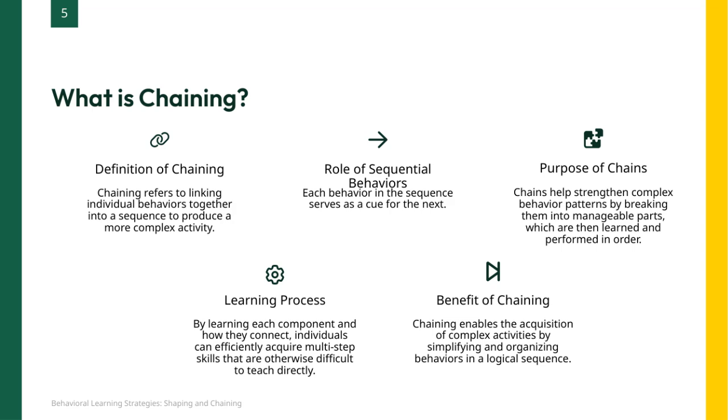By focusing on each component separately and understanding how they connect, people can effectively acquire multi-step skills that might otherwise be too challenging to teach all at once. Ultimately, chaining simplifies and organizes behaviors in a logical sequence, making it easier to master complex activities. This approach strengthens behavior patterns and supports efficient learning, which is why it's such a valuable technique.